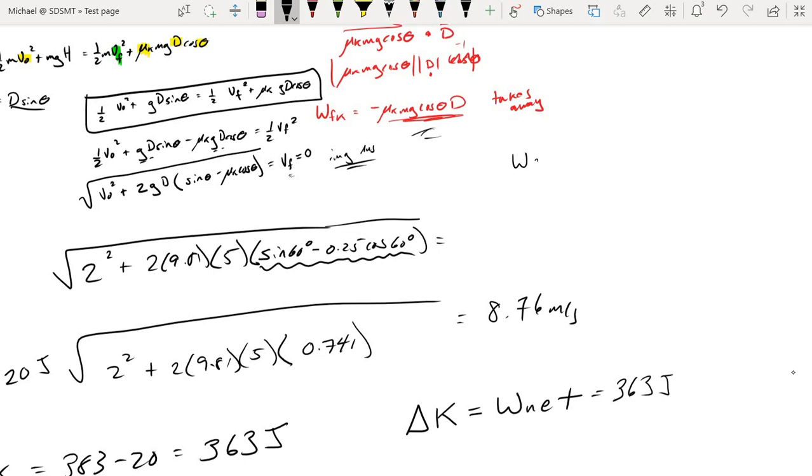And if we put numbers into that, we had, let's see, negative 0.25, 10, 9.8, cosine of 60, and the displacement was 5. So we can actually tell numerically how much work or how much heat energy was being produced by our friction force.